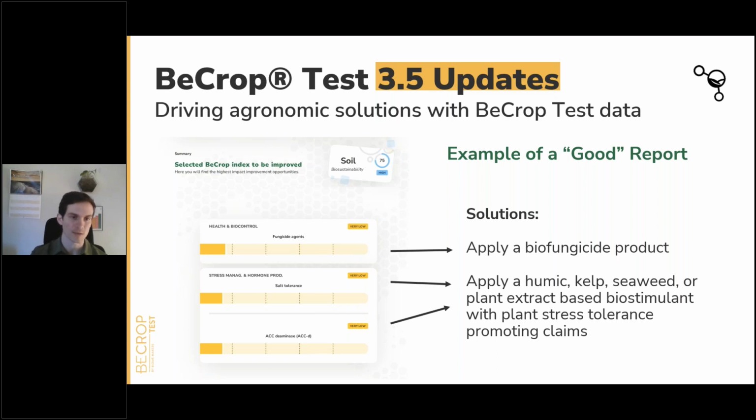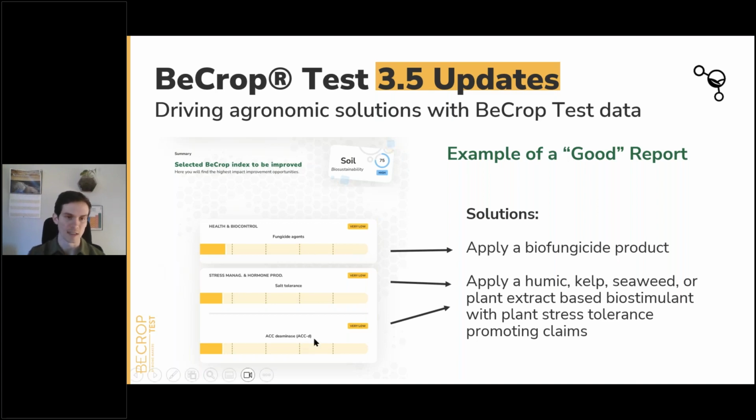And then for the stress management and hormone production sections, where we see low levels of salt tolerance promoting microbes and low levels of ACC deaminase producers, this is where some of those general biostimulants that Marie mentioned may come in handy. We tend to see a lot of those products, like humic acid based products, kelp, seaweed extracts, or other plant-based extracts, perform pretty well across this section, which includes a lot of your plant growth promoting bacteria and fungi, with biostimulant products that make claims of reducing plant stress or increasing root growth.